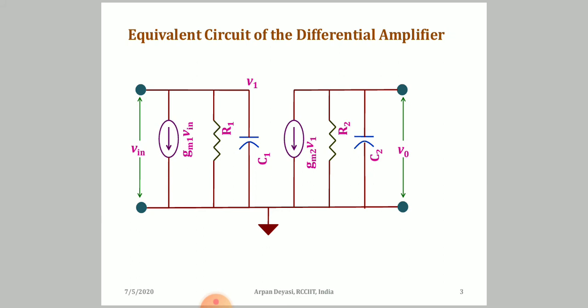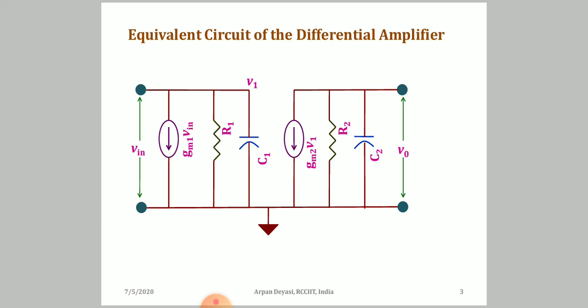So I am getting two parts, the input part and the output part. The current source of a MOSFET will be represented by the product of transconductance multiplied by the voltage. Since in the input part we have applied the input voltage Vin, the corresponding current flowing through the current source should be GM1 into Vin, where GM1 is the transconductance of one of the MOSFETs.